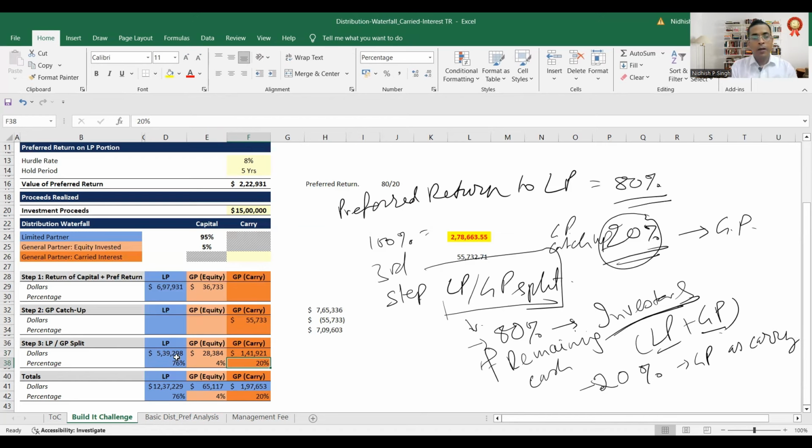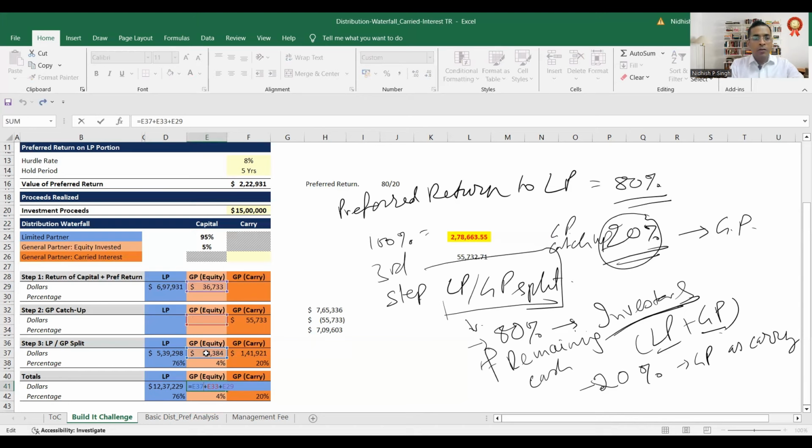Now we can see that 80% is split between LP and GP. Clearly, this is 80%, and 20% goes to GP as carry. In step 3, the LP-GP split is conducted this way. So what happens essentially? We calculate the total amount distributed to LP in all the cells above, so the 2 cells here for LP.